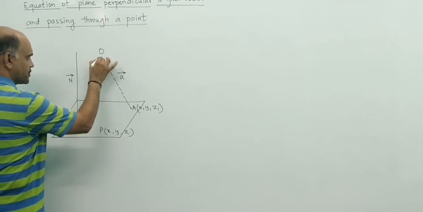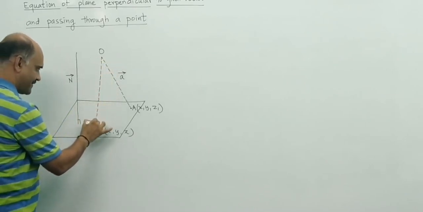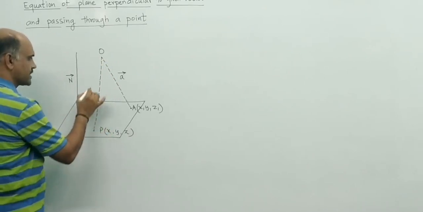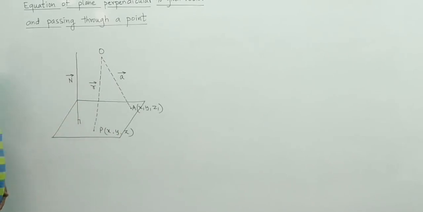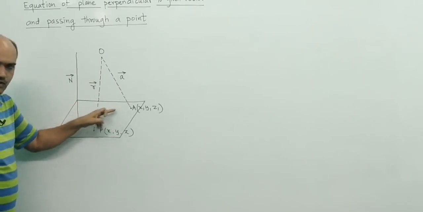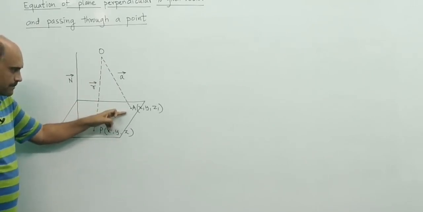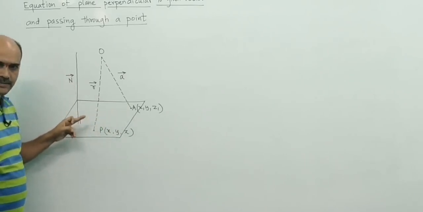Then its position vector is OP, given by vector r. So vector r is the position vector of P. Now here, if you observe, A and P are on the plane. So AP is on the plane, n is perpendicular to AP.